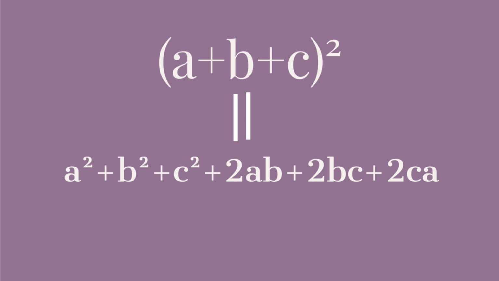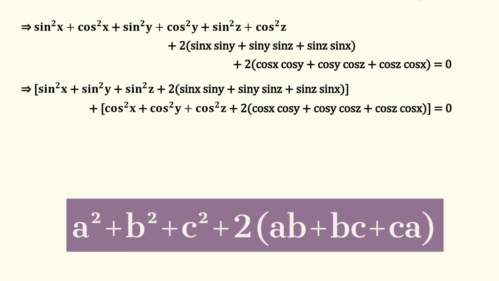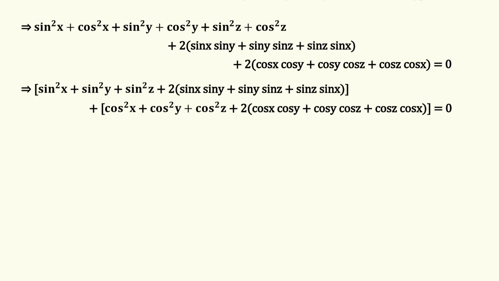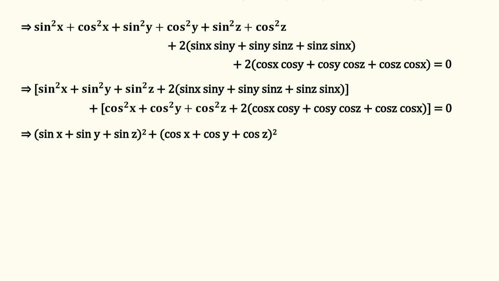And by taking out 2 common, here we will get this expression, whose structure is exactly identical to the structure of these ones. So by using this identity, in place of this long sine expression, we can write (sin x plus sin y plus sin z) whole square plus, similarly, in place of this long cos expression, we can write (cos x plus cos y plus cos z) whole square. And this equals 0.